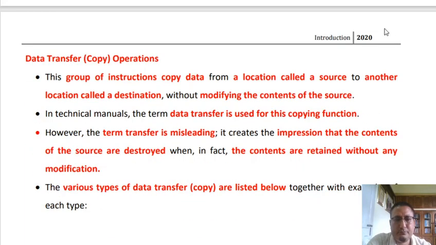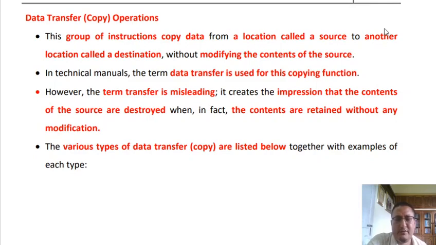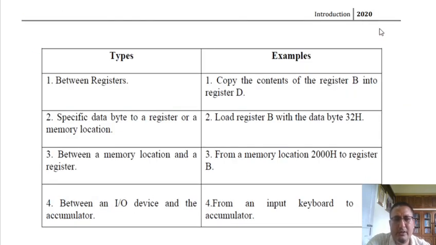Now, the various types of data transfer that may be possible are: data transfer between two registers, for example from register B to register C. Likewise, a specific data byte to a register or a memory location, like load B with the data byte 32H.